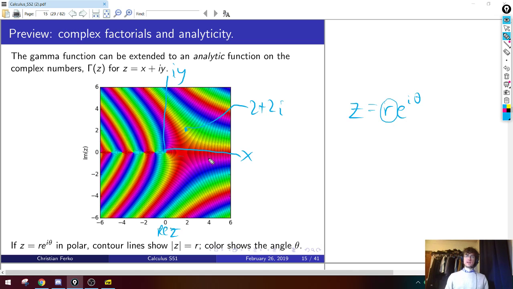As you can tell, the contour lines get closer together as x gets larger on the real axis, which is just the statement that factorial grows faster and faster as you increase the input. Okay, so this is something very interesting. And as we saw, gamma blows up at all of the negative integers, so that's where these really tightly clustered contour lines are.